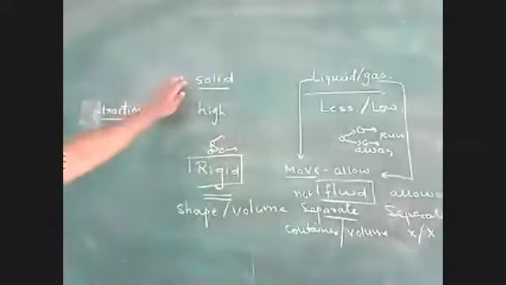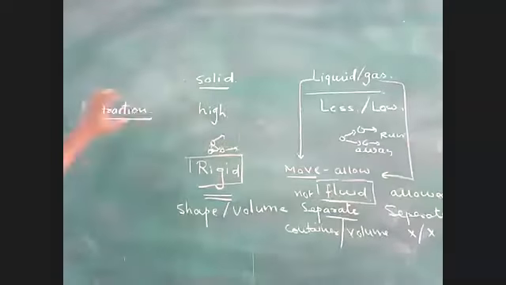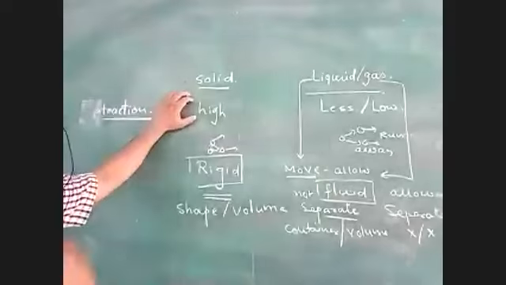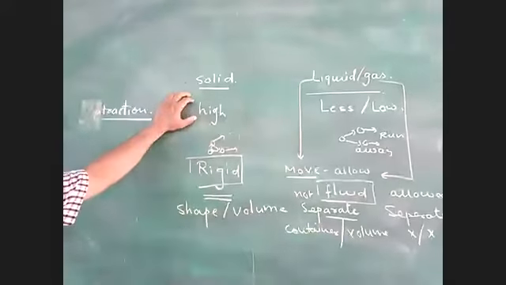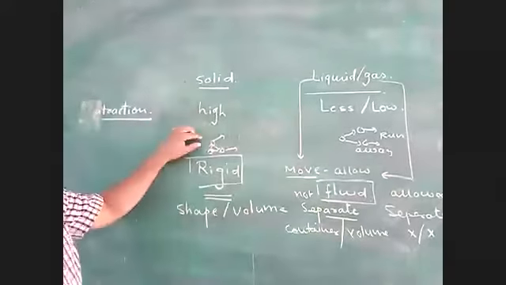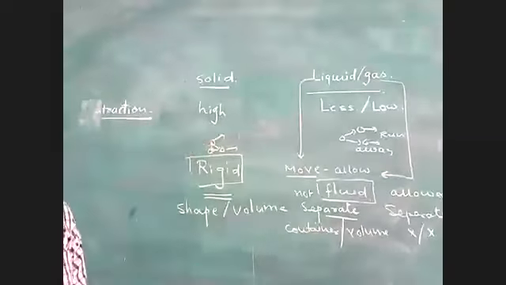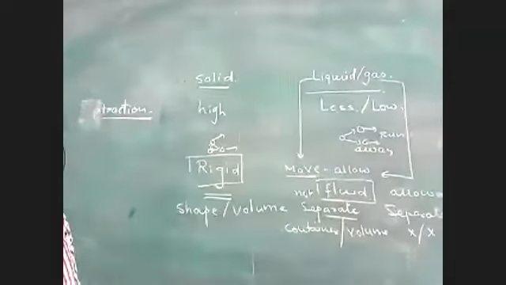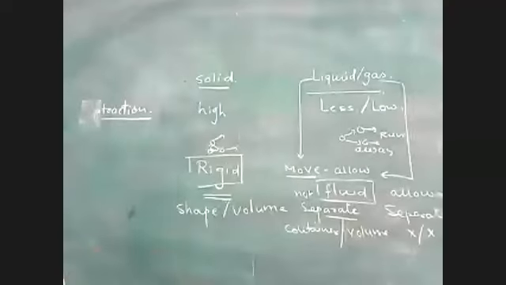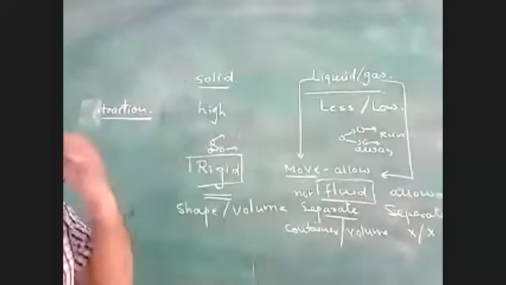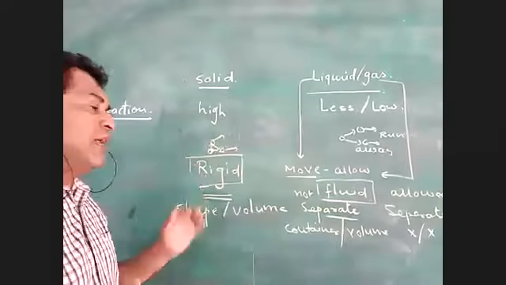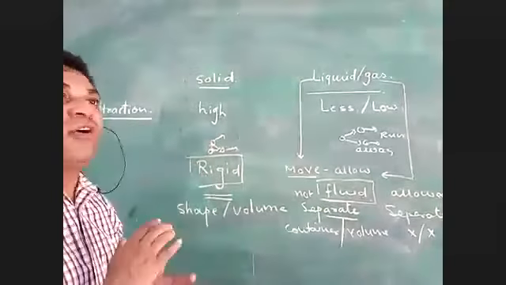You will write that in solid, the attraction force is very high. And as the attraction force is very high, the molecules are not allowed to move from their place. That's why the solid becomes rigid, and as solid becomes rigid, it has definite shape and definite volume.